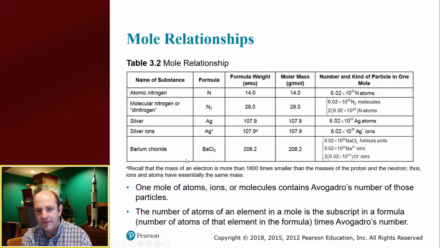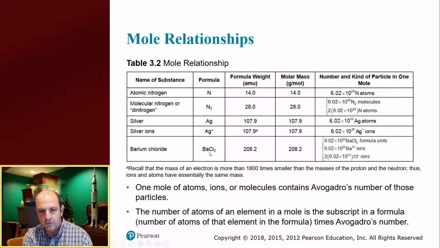And then barium chloride, one thing to watch out for here when you have a more complicated formula, again, add it up. So it's 208.2 AMU for 1 unit of it. It's 208.2 grams for 1 mole of it. And again, Avogadro's number, we say, well, based on the formula, the whole thing, there's 6.02 times 10 to the 23rd. For barium, because there's 1 barium in the formula, it's 6.02 times 10 to the 23rd.